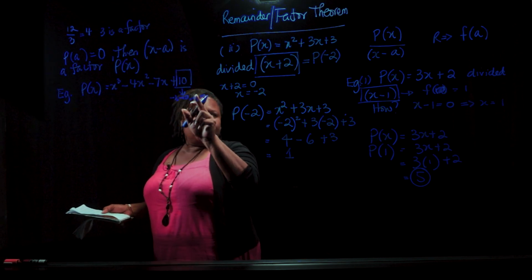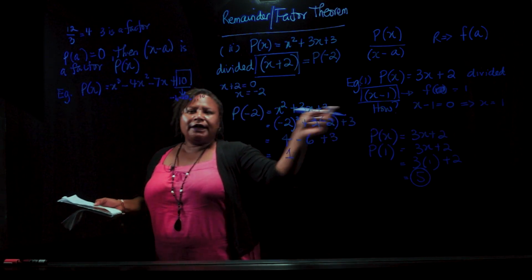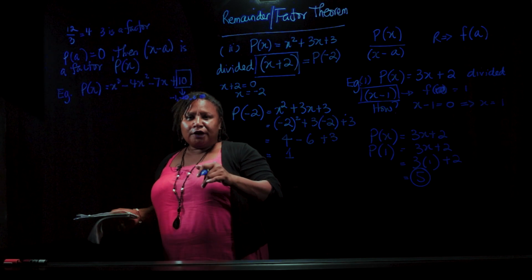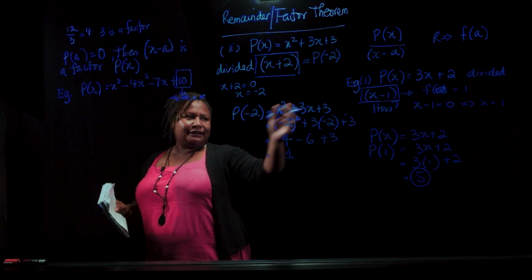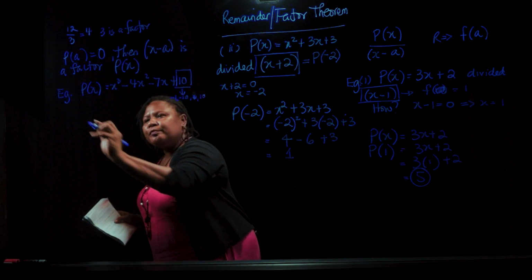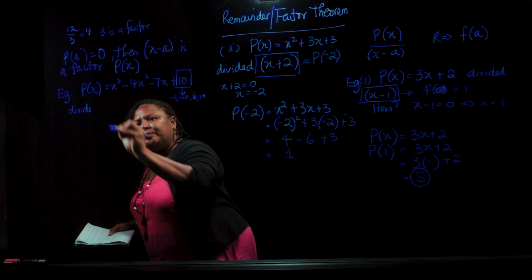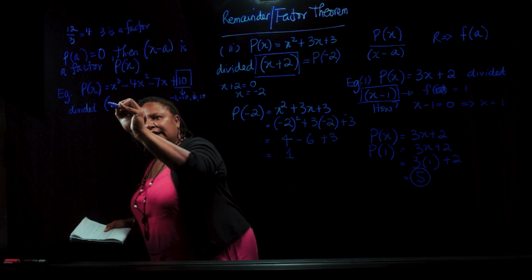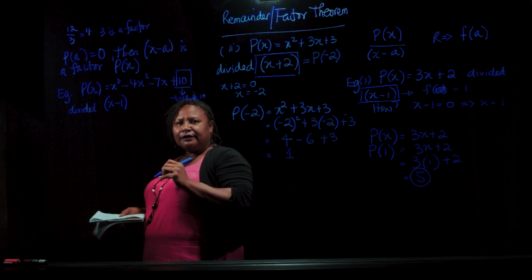Now remember, we are doing the opposite of what we did here. If this is +1, then if I form a linear polynomial, it will be -1 inside the brackets. So again, the opposite. We will divide by x minus 1.